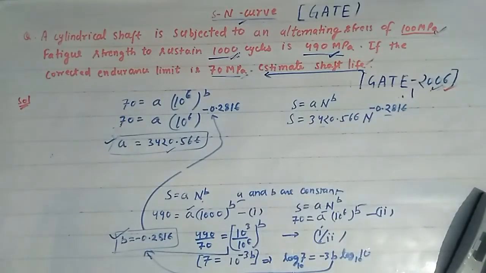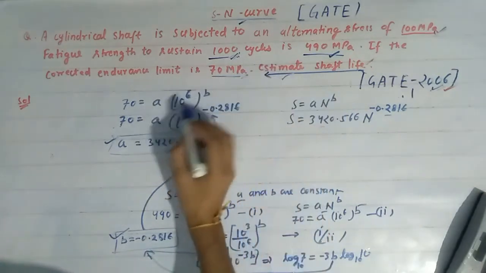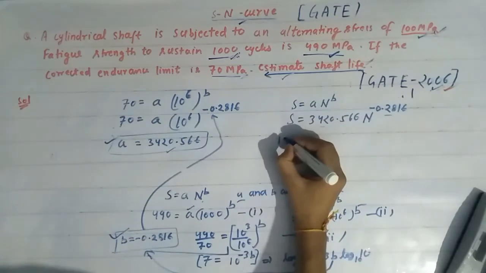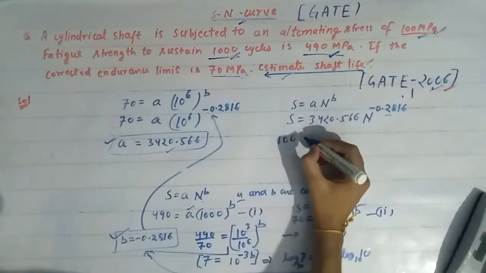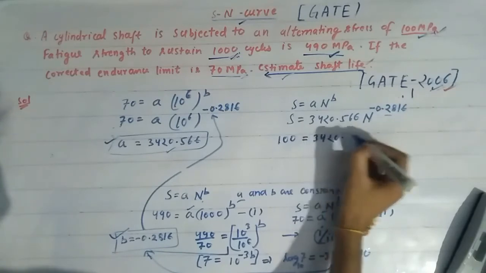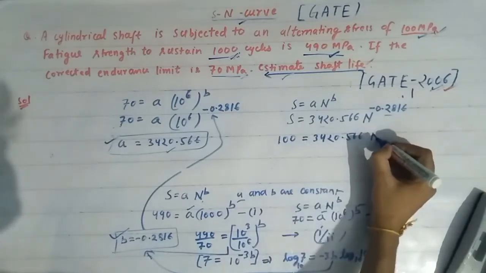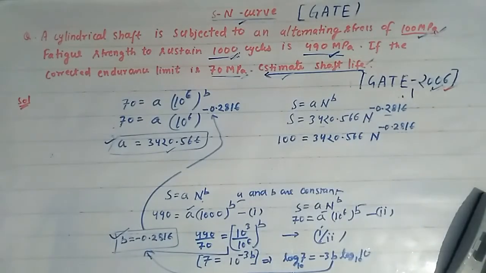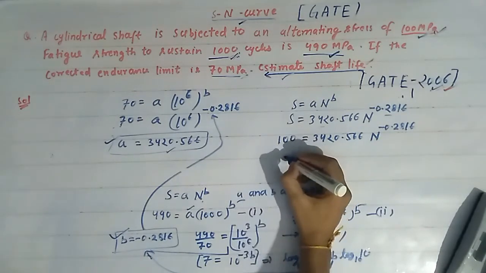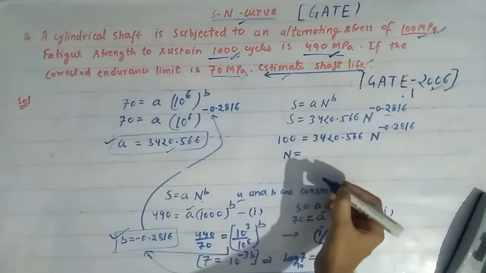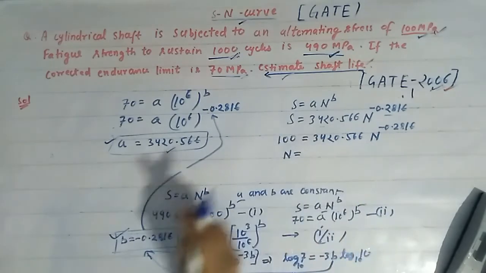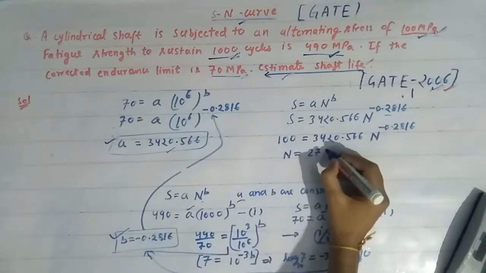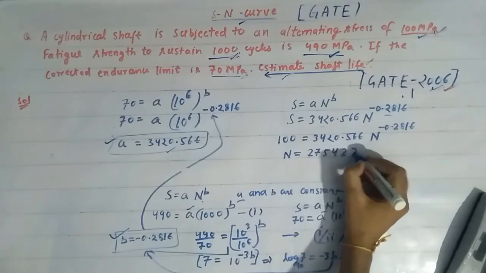Now we have to estimate the shaft life corresponding to 100 megapascal stress. So writing S as 100, we get 100 = 3420.566 N^(-0.2816), where N is the number of cycles we have to calculate. When you solve this equation, the value of N comes out to be 275422.